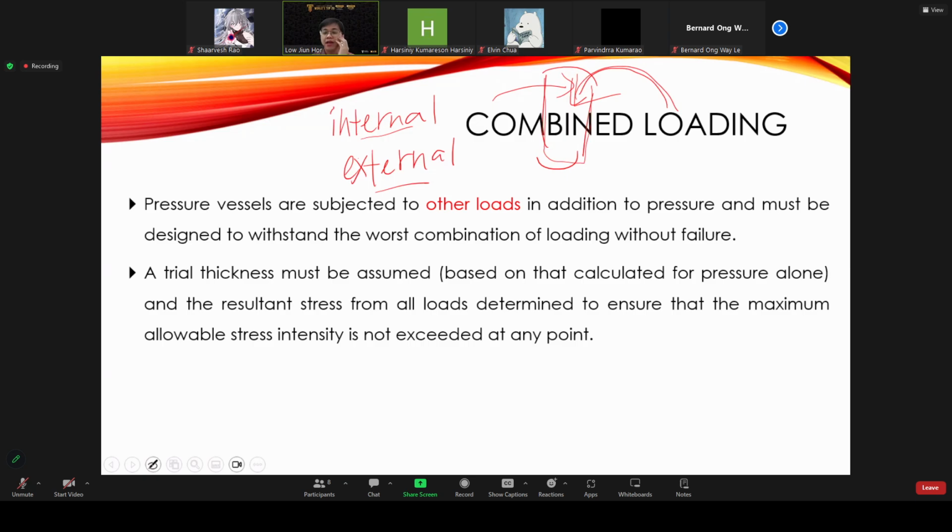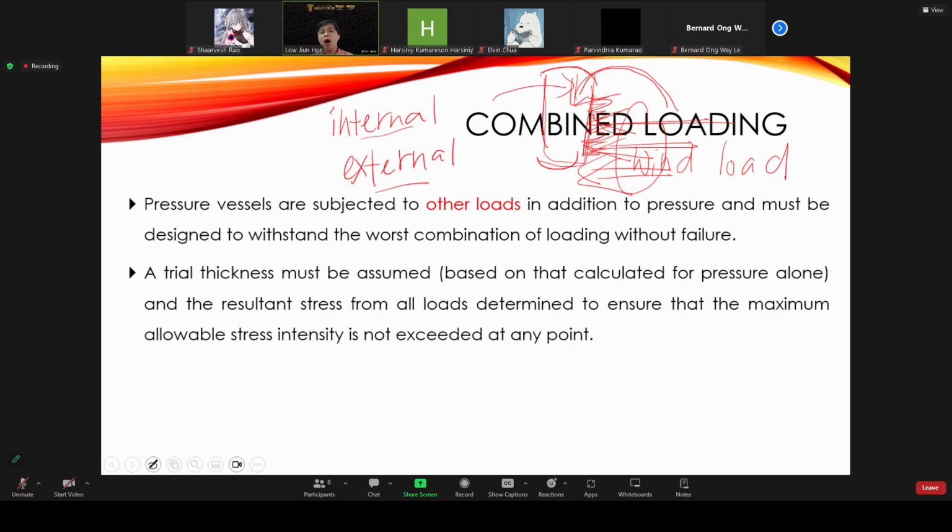Also, sometimes if you are going to install the pressure vessel outdoors, then you also need to consider the load we call wind load. It means that when the wind comes from here, it can be considered a type of stress on the surface of your pressure vessel. So you need to make sure the pressure vessel you are going to fabricate is strong enough to withstand the stress exerted by the wind load.